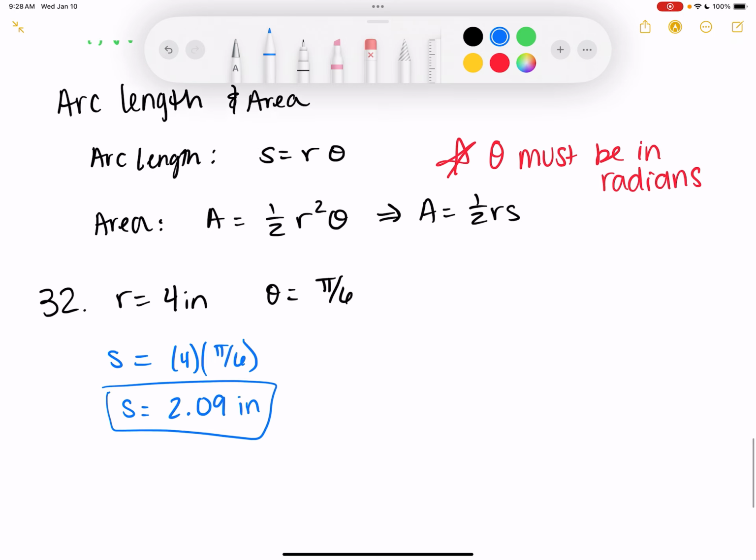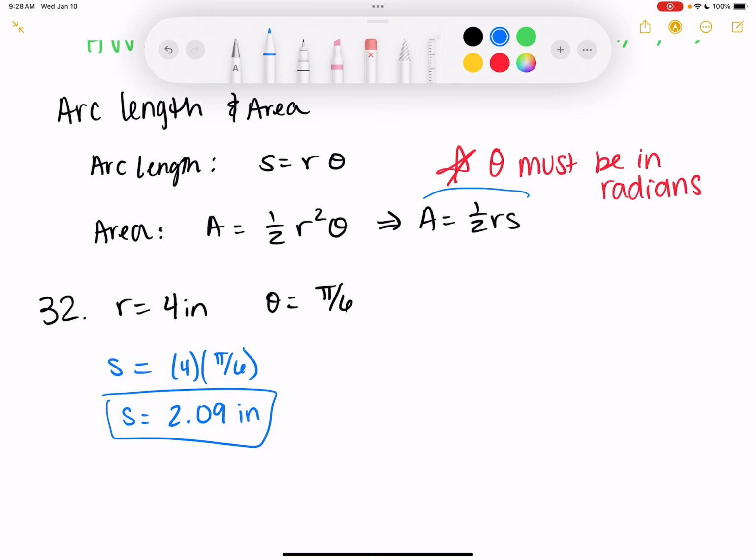All right, so then, like I said, I use this modified area formula to find area. So area is equal to 1/2 times R, so times 4, times our S value of 2.09.